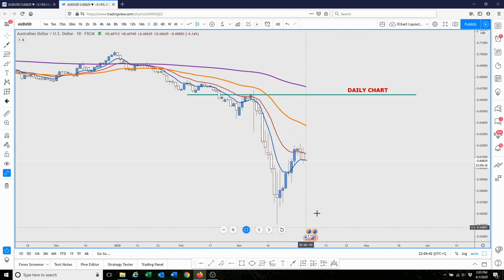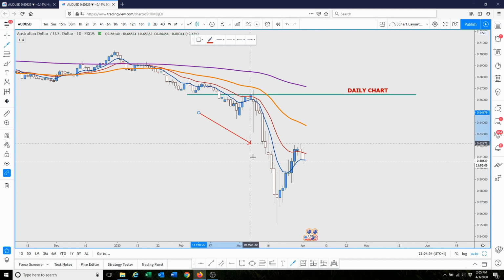Why I haven't had you look in detail at the daily chart until now is because, let's look. Price made a lower high, and now it made a lower low. But if we use our crosshair tool here, this was the last lower high on the daily chart, in the beginning of March, right?